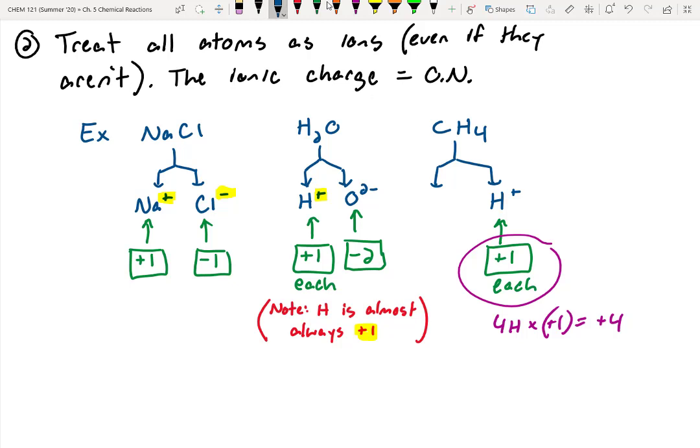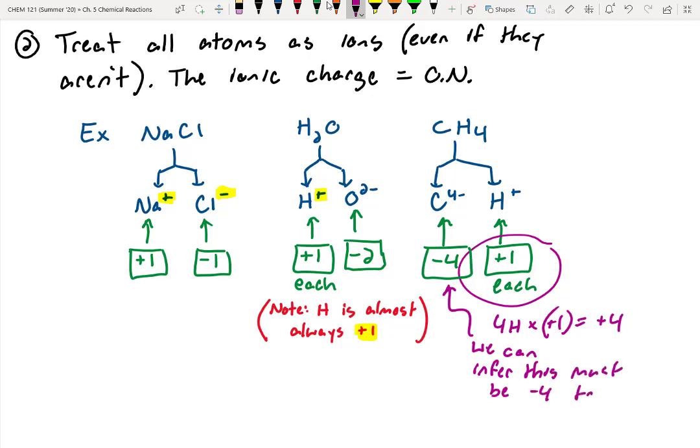And we know this based on looking at the hydrogens. We said that the charges essentially have to cancel out. So this would be -4 as the oxidation number. All right, so let's just make a little note here. So we can infer this must be -4 to cancel.